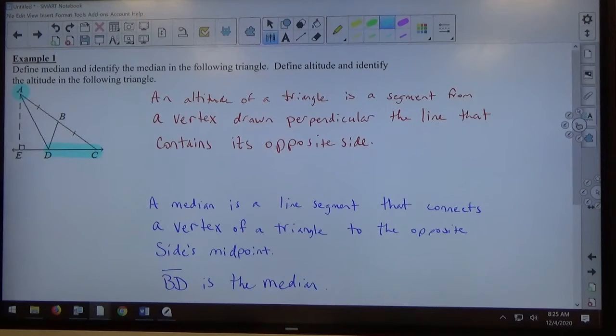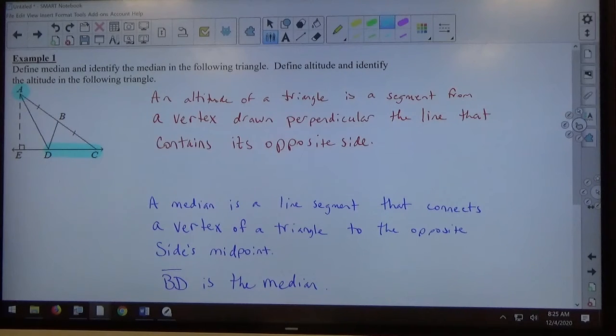I want to draw perpendicular to the opposite side, but I can't make that happen in this triangle. So to go perpendicular, I have to come straight down off of A. So I have to extend that line. DC is contained on the line EC. AE is perpendicular to EC, and that's what altitude is.